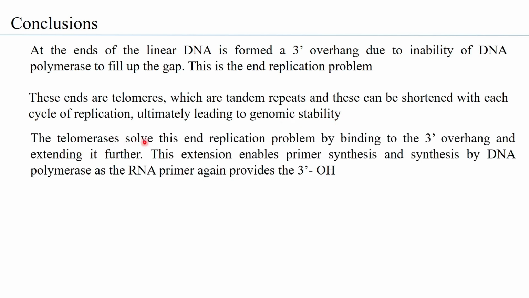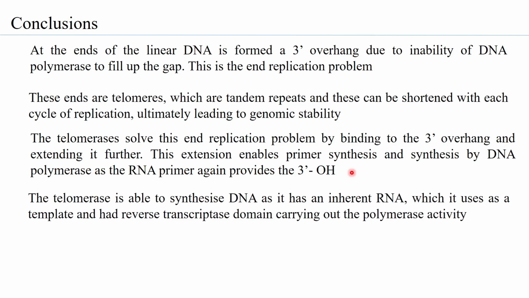The telomerases solve this end replication problem by binding to the 3' overhang and extending it further. This extension enables primer synthesis and then synthesis by DNA polymerase, as the RNA primer again provides the 3' OH.